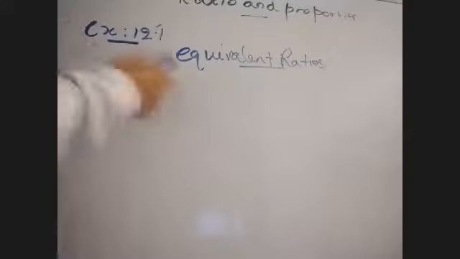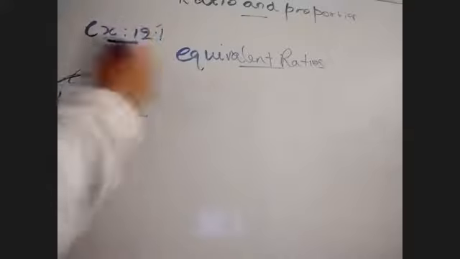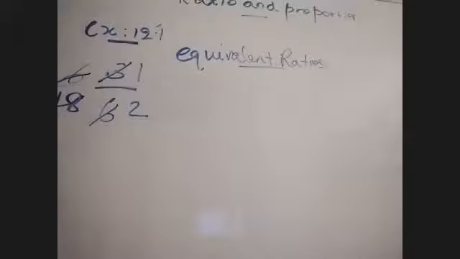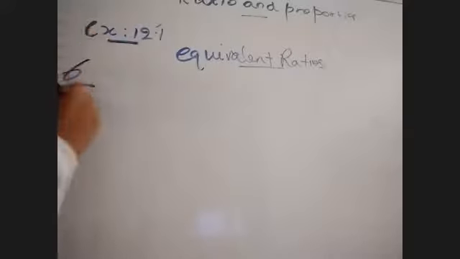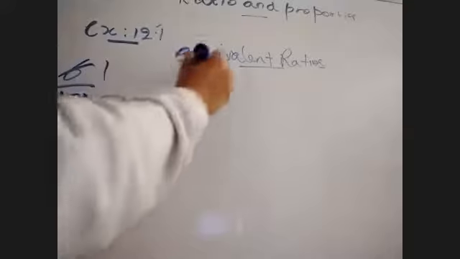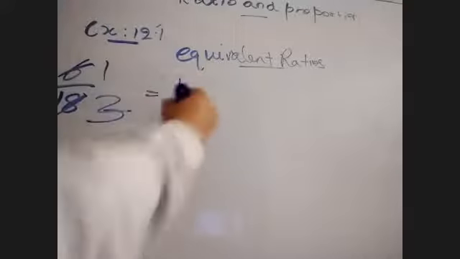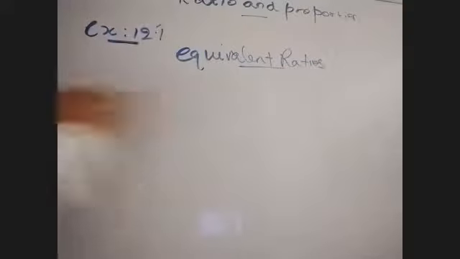You can divide by 2, by 3, or simply by 6 only. 6 ones are 6 and 6 threes are 18, so our ratio will be 1 by 3. Then we can multiply it to find more ratios. That is known as an equivalent ratio.